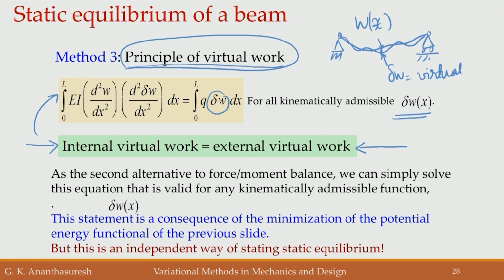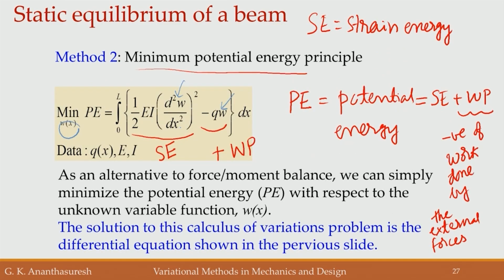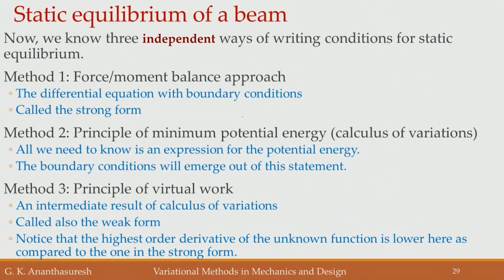So, this statement which is very simple, internal virtual work equal to external virtual work, gives you the equilibrium equation which is the same as what we have written over here with the force balance, or what we will get if you were to minimize energy, or what we will get if we solve this problem such that delta W is arbitrary. Even then this equation holds, that is internal virtual work is equal to external virtual work. So, this is a very important consequence of calculus of variations.